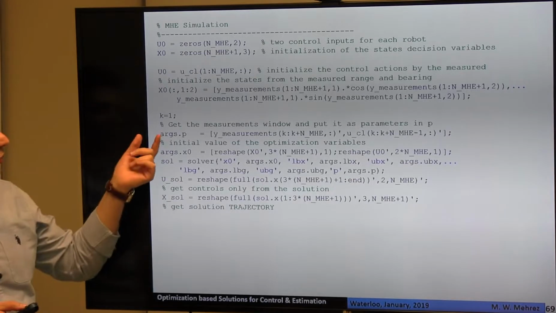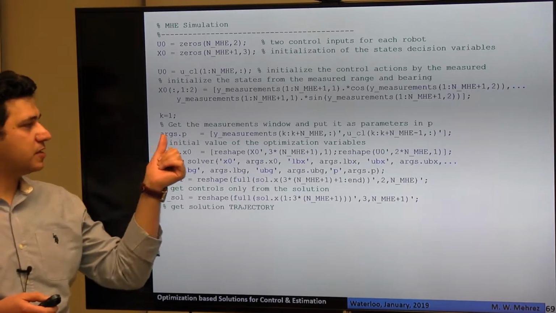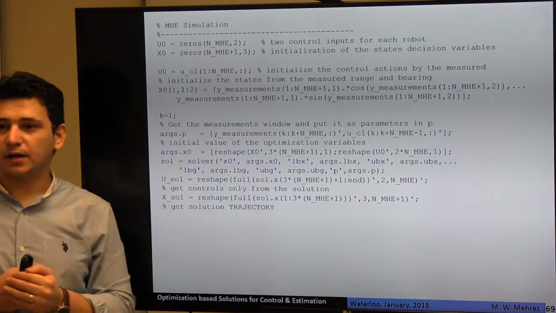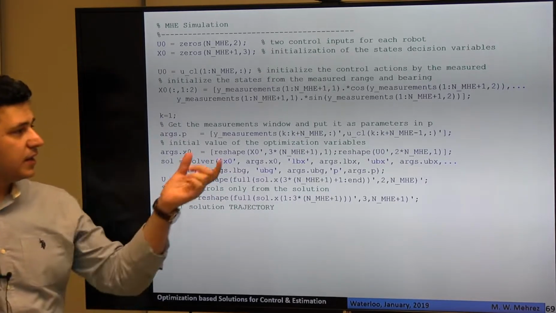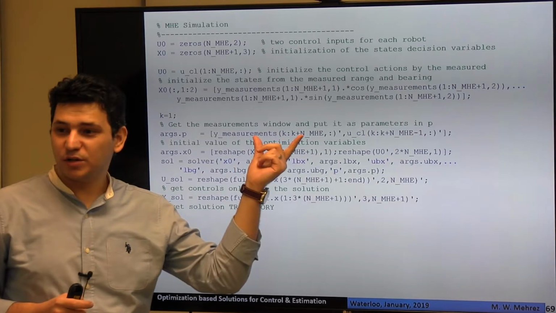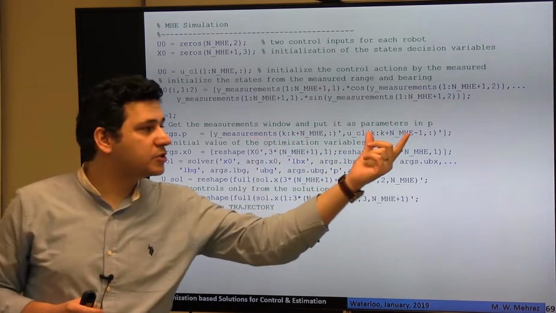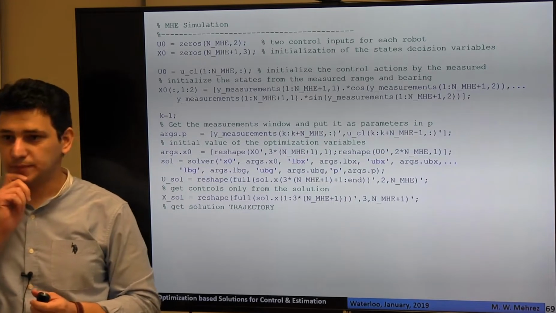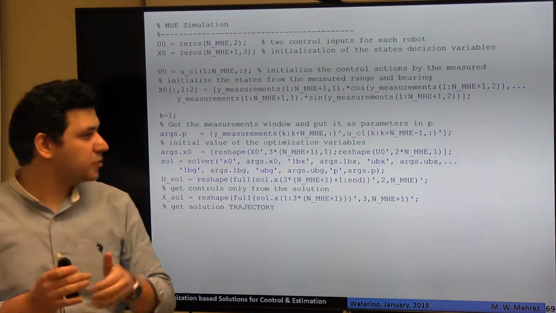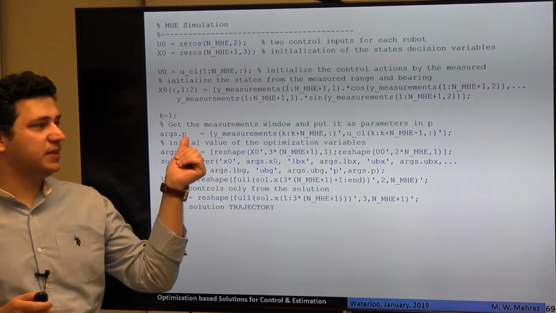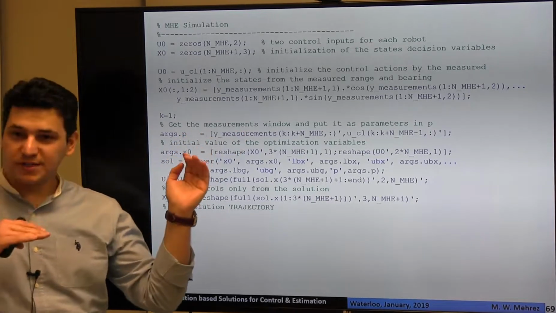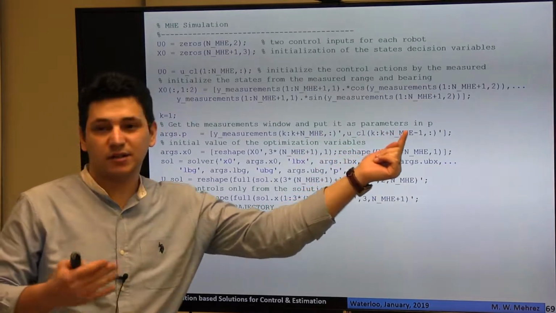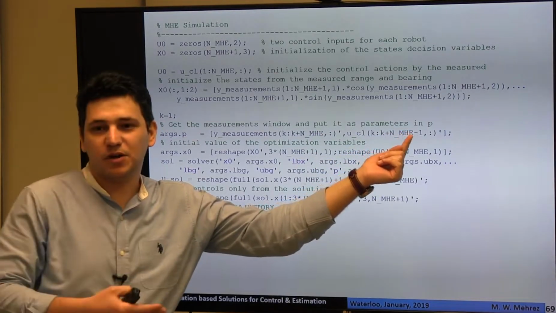So now I'm going to define my parameters args.p, the parameters argument that we pass to my MHE solver. And here we're putting our measurements for the R and alpha and the measurements for the control actions, like the nominal control actions we applied. Okay? So remember that when we defined the vector P, it had 2 rows and NMHE plus 1 columns, plus NMHE columns, right?